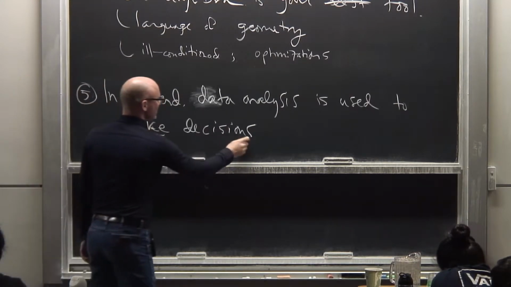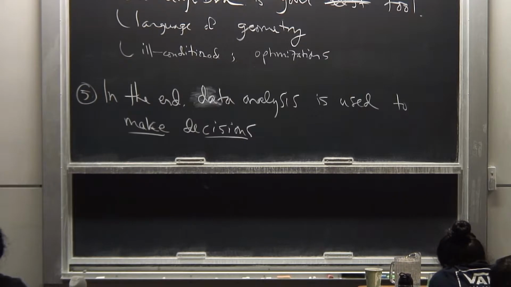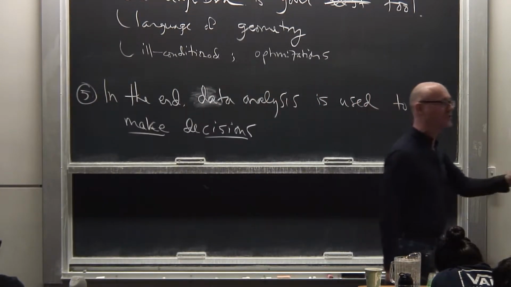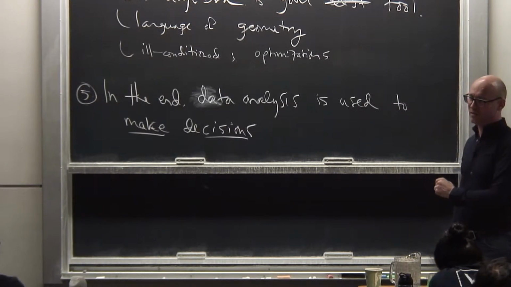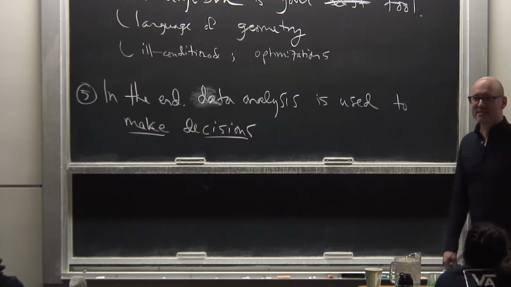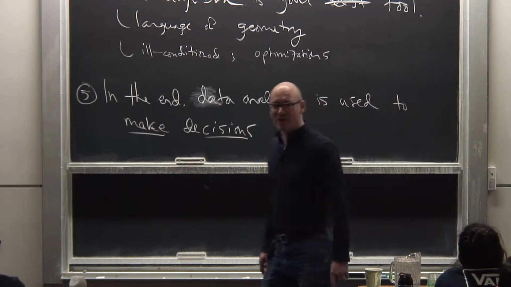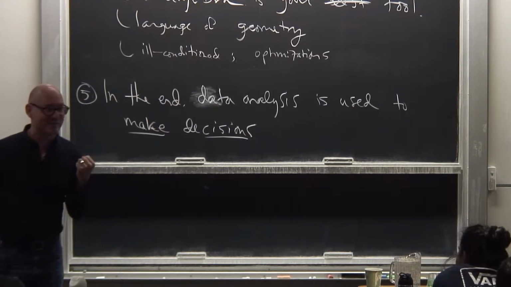Now that sounds a little strange. You might think you were doing your data analysis to find out the mass of the Higgs boson, but you were not. You were doing that data analysis to figure out what you would write in the abstract of the Higgs mass paper. And that might sound like a funny distinction, but it's a real distinction. You're not doing data analysis so that you are better off.